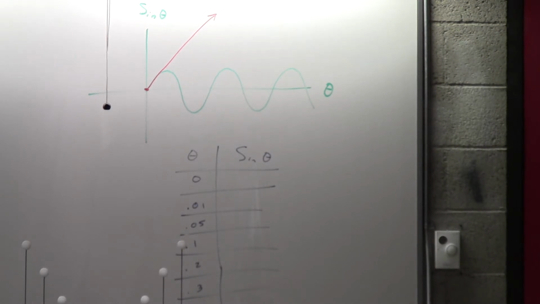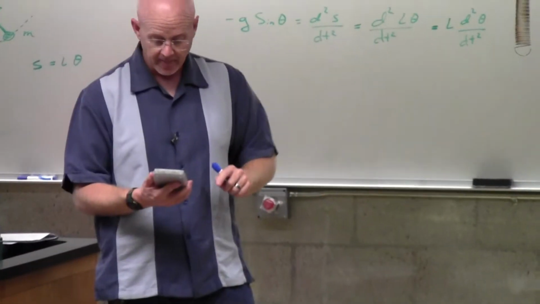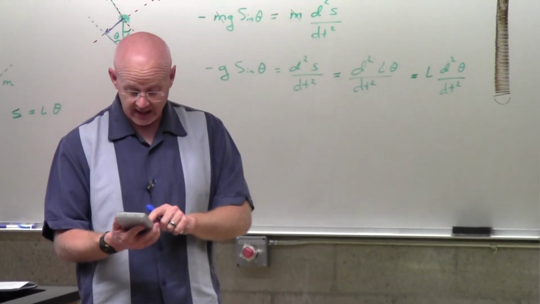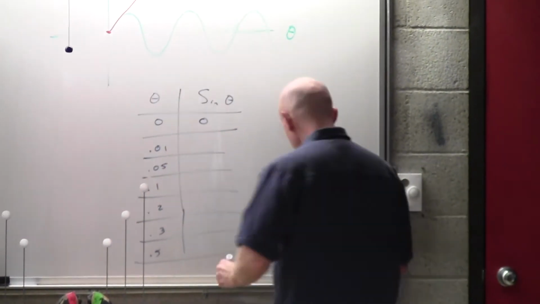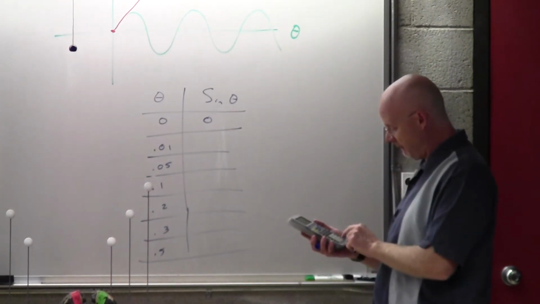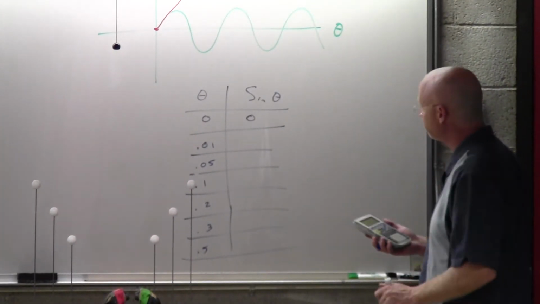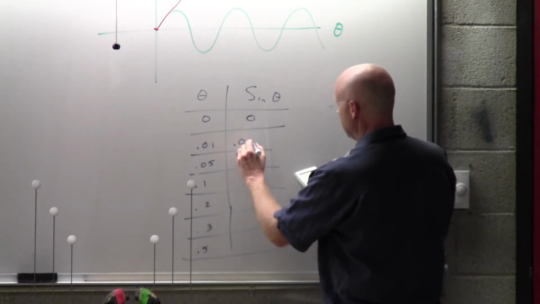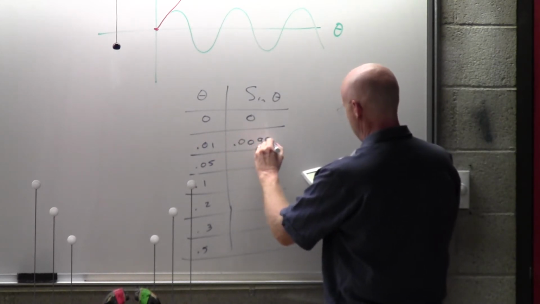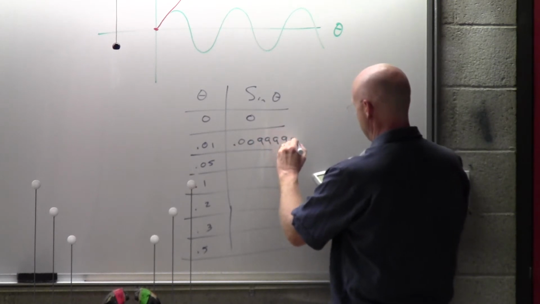Well, I got a calculator here. Unfortunately, my calculator is probably in degrees mode. Oh, no, it's not. Good. So if I go sine of 0, what do I get? Okay, 0. What if I go sine of 0.01? I get 0.0099998.